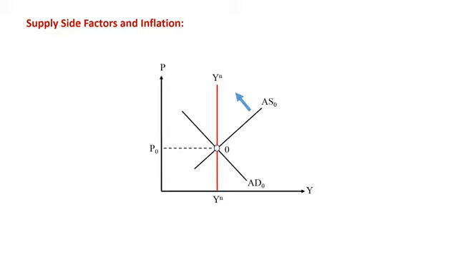For example, let's assume that we are facing a negative supply shock, such as the oil embargo that leads to an increase in oil prices. As you see in the figure, the negative supply shock will shift the aggregate supply curve from AS0 to AS1.